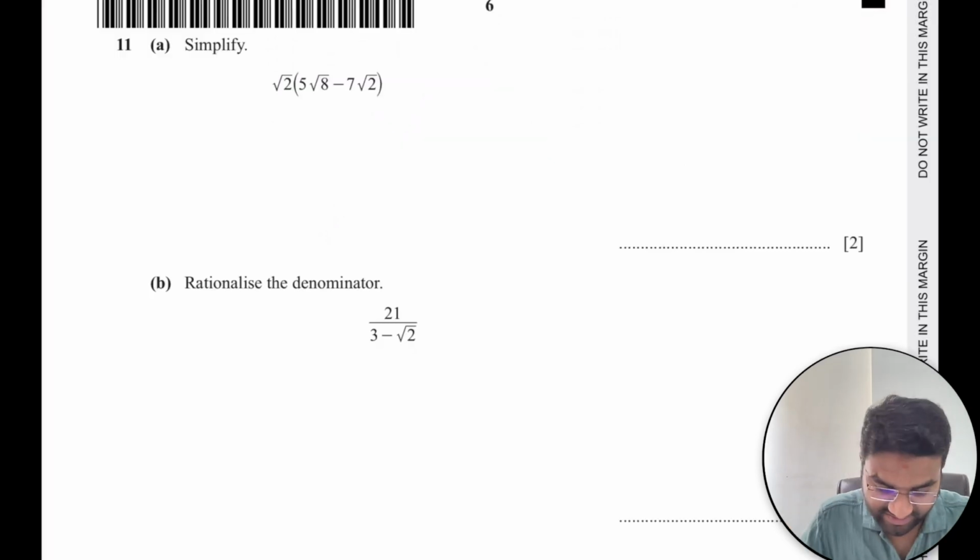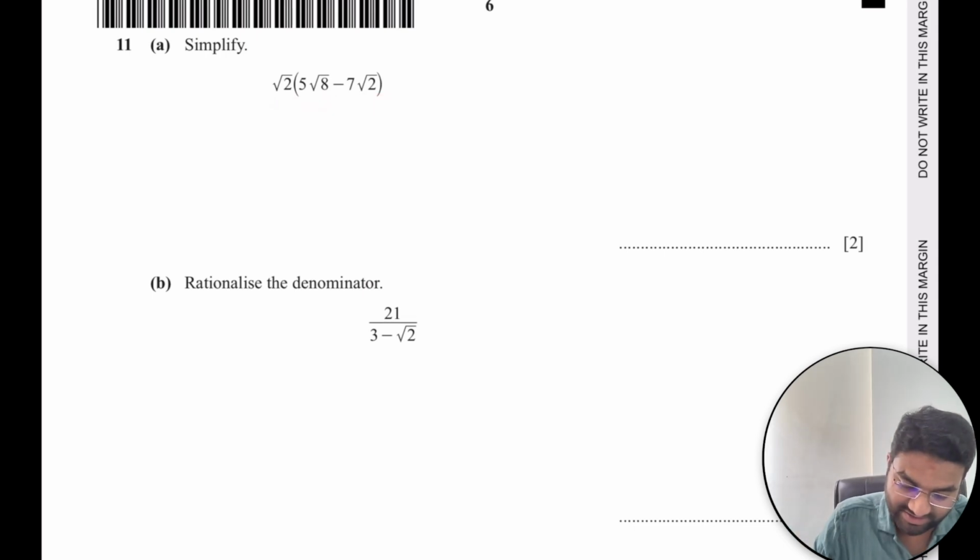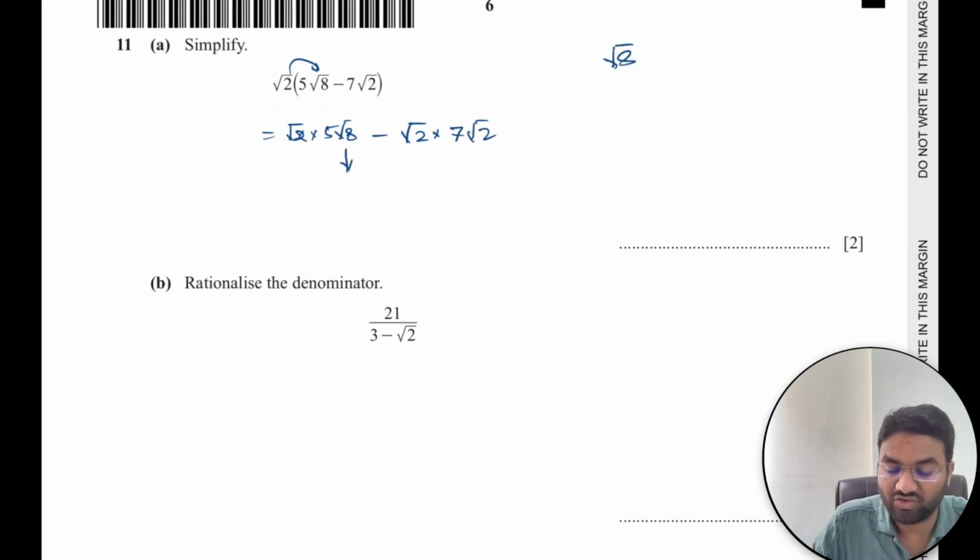Then next one, simplify root 2 in a bracket 5 root 8 minus 7 root 2. First of all, root 2 times 5 root 8 expansion in the bracket, minus root 2 times 7 root 2. Root 8 can be written as 2 root 2.